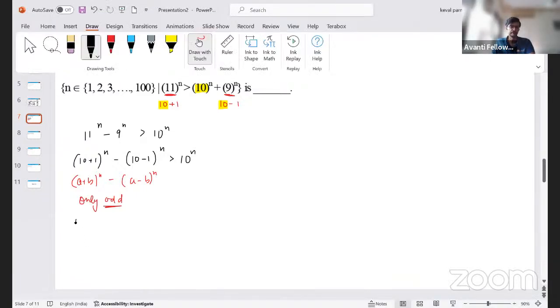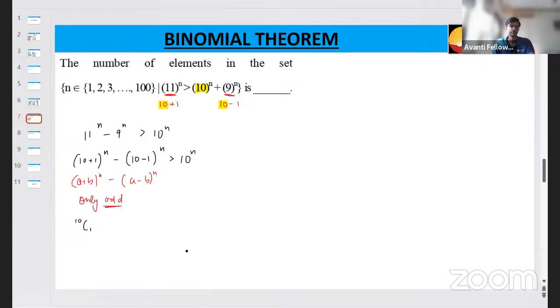So what we'll have is 10C1, everything will be twice, correct? So 2 into 10C1 into 10 raised to the power n minus 1 plus 10C3 into 10 raised to the power n minus 3 plus dot dot dot and so on.